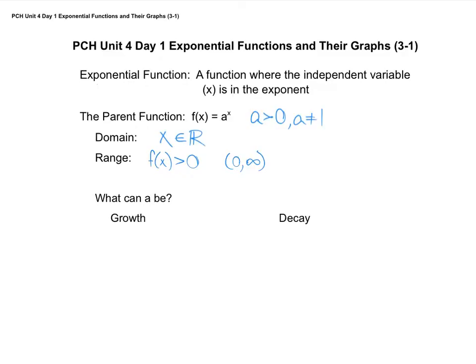It just continues to approach it. And that, by the way, means that y equals 0 is what? It's a horizontal asymptote.